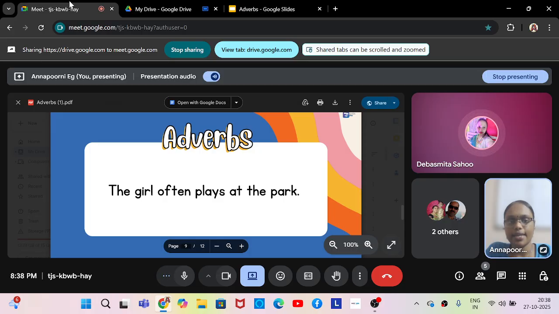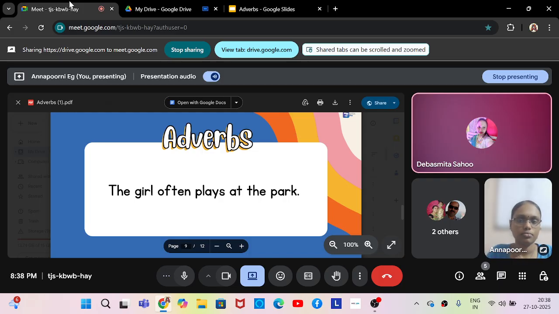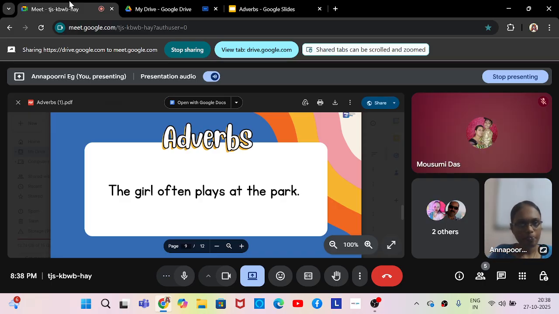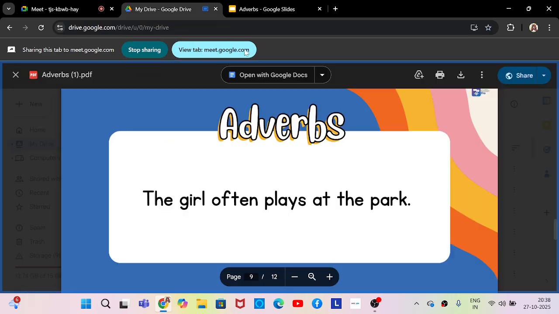Okay. So what is the adverb here? Often. Very good. So often is the adverb.